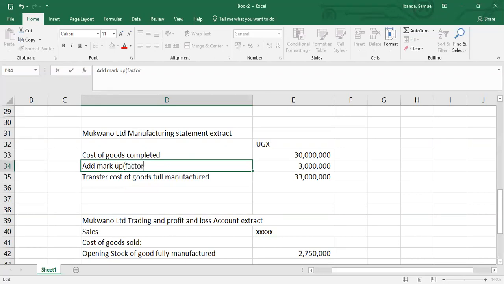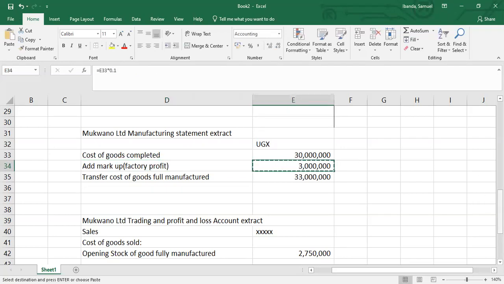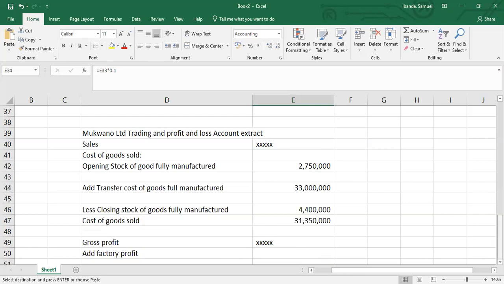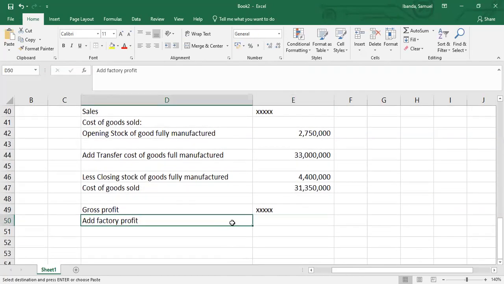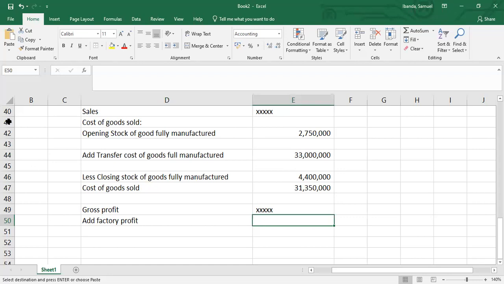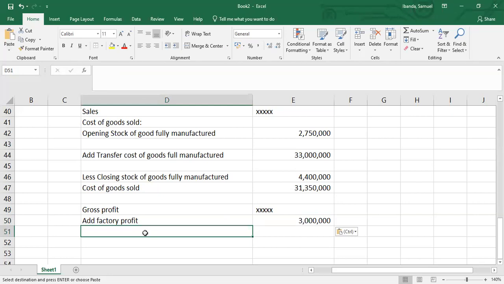This is our factory profit for the period. So this 3 million is supposed to be added onto our gross profit, right here, like that.